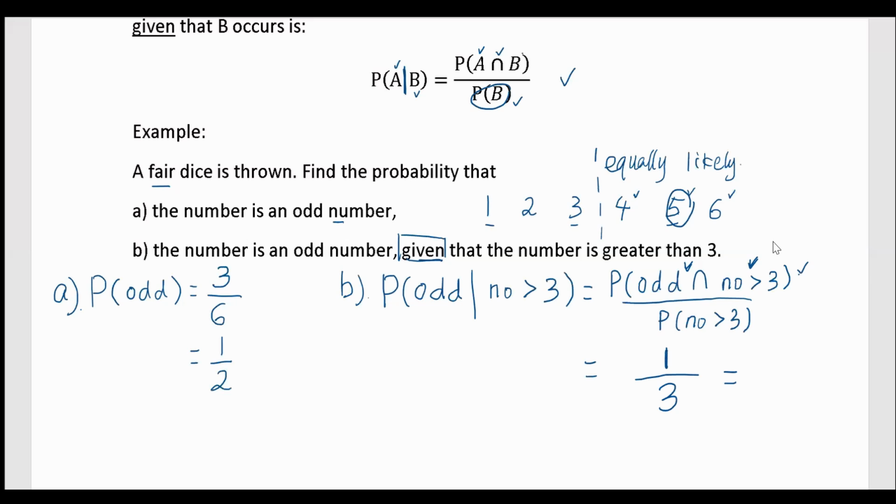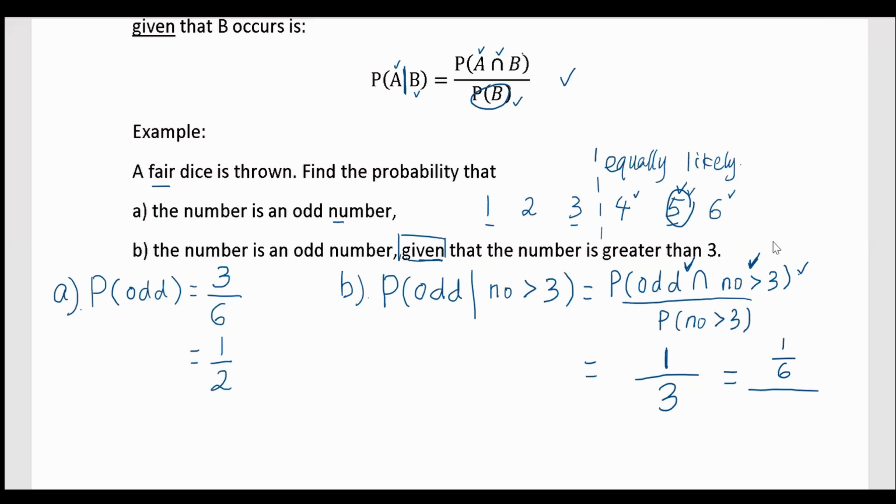For the numerator, when we roll a fair die once, it should have 6 outcomes. Then to satisfy the 2 events, odd number and at the same time a number greater than 3, we have only one outcome, number 5. So for the numerator itself, the probability is 1/6.